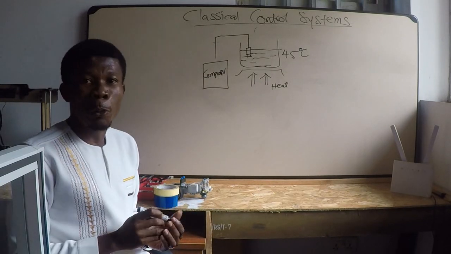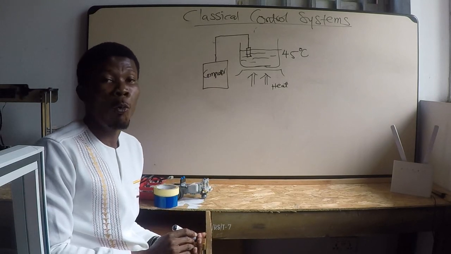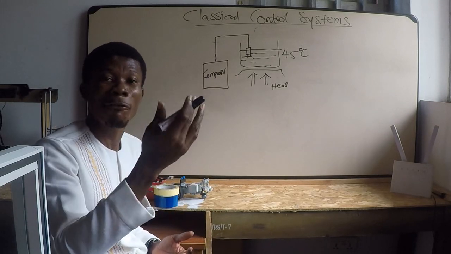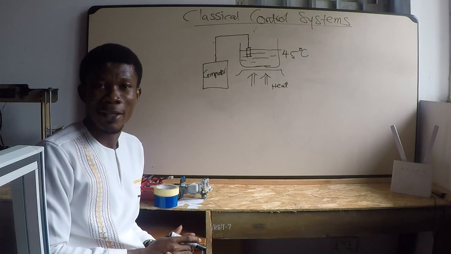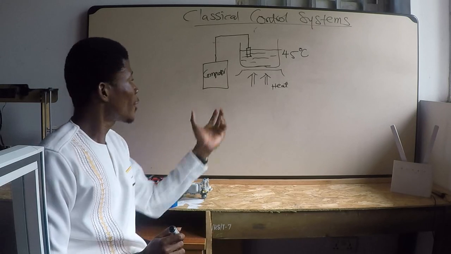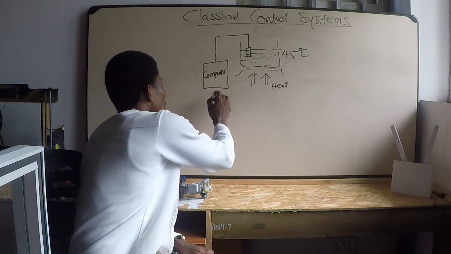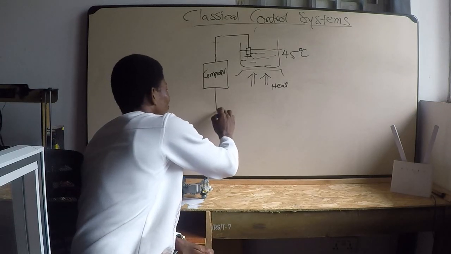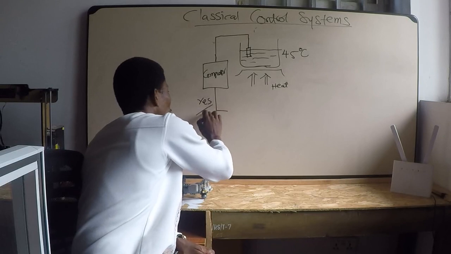The computer is supposed to process the temperature coming in and check whether the temperature is above or below the required temperature. Now, this computer, after making the comparison, is going to come out with a yes or no answer.